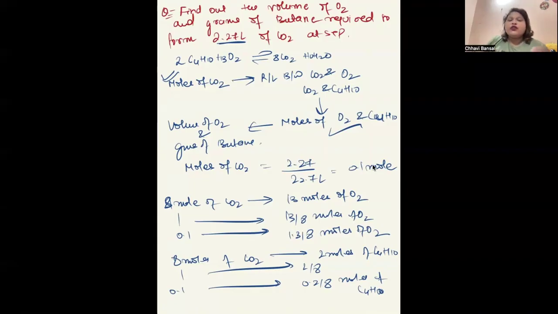So if we are given the number of atoms, we can find the volume occupied from there, and from there the number of moles. And from the number of moles, we can use these relationships again to find whatever is required in the question. Is it clear?